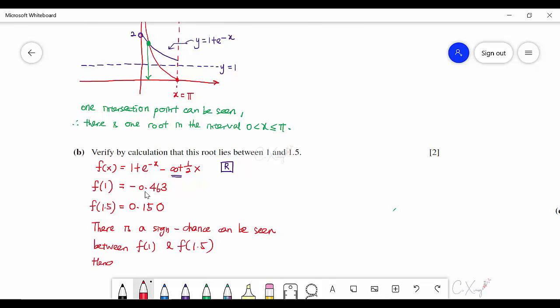Hence, you can say that there's a root that lies between these two values. Right, so this is what they actually want us to show. So you have to show that there's a sign change when you substitute these two values. All right, so these are the steps.